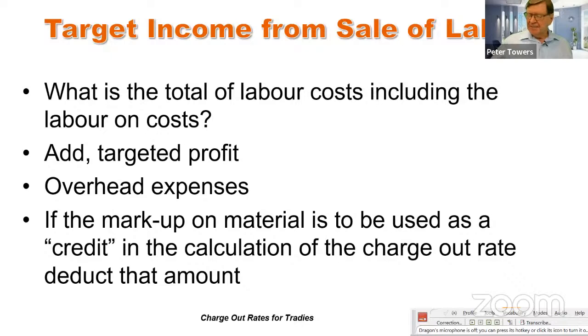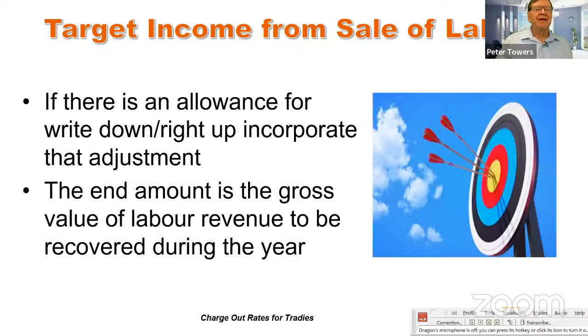If the markup's included in that calculation, so we've got a total there of $1,190,000. If there's an allowance for write down or write up, incorporate that into the adjustment.